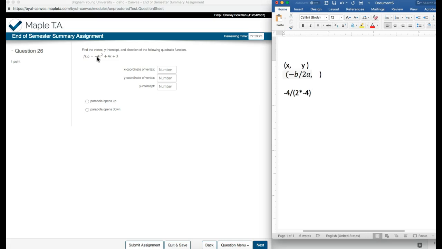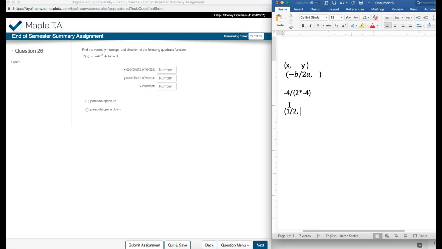I can do this math in my head, or use a calculator, or Excel. Doing it really quickly in my head, I can see that negative divided by negative is positive. 4 divided by 4 is 1. So I'm really just going to end up with 1/2. So my x-coordinate is 1/2, and that's a positive 1/2.